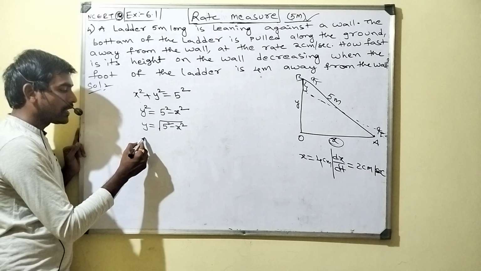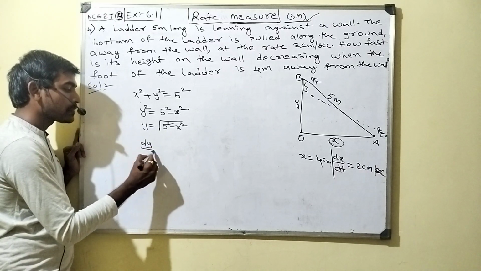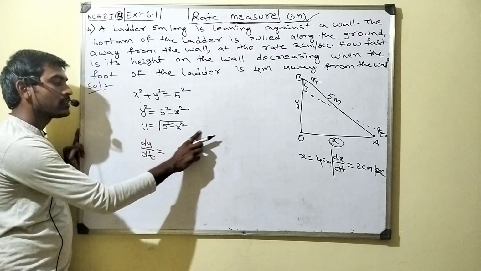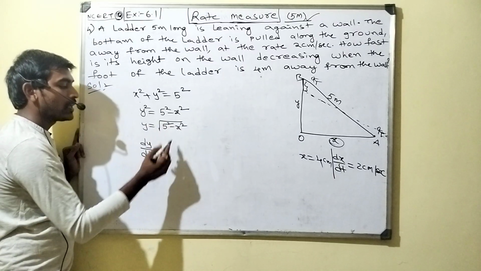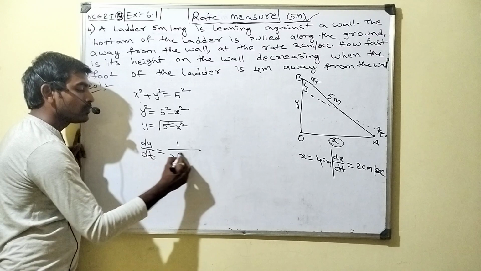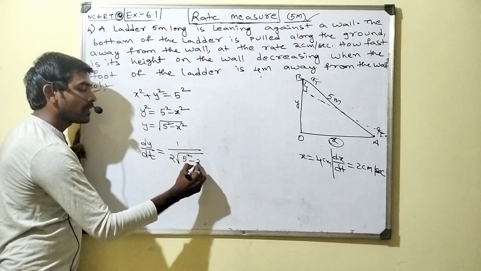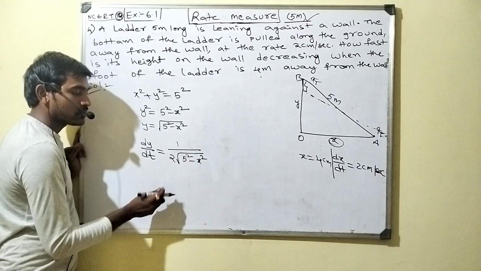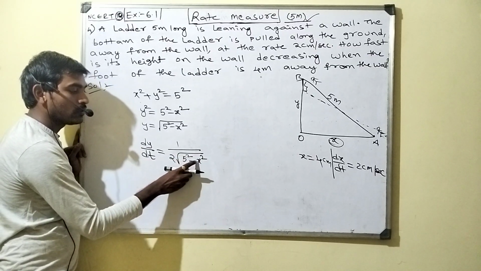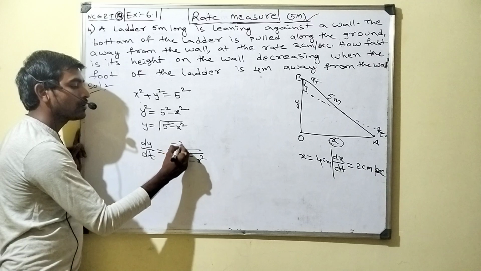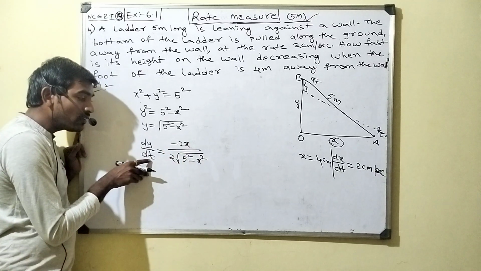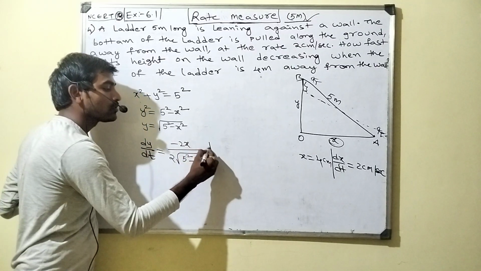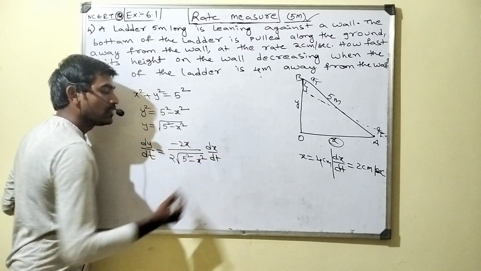Now I would like to do differentiation with respect to time, differentiating on both sides with respect to t. Root of u gives 1 by 2 root of 5 square minus x square, times the derivative of 5 square minus x square. The constant's derivative is 0. Minus x square derivative is minus 2x, multiplied by dx by dt.